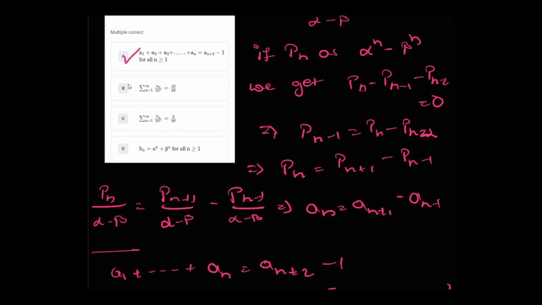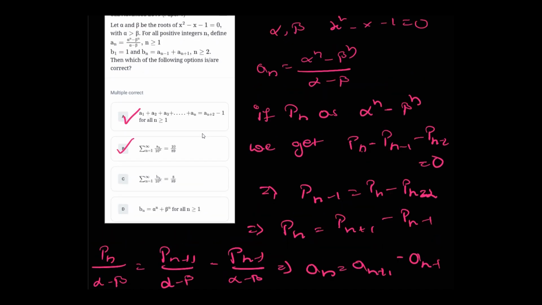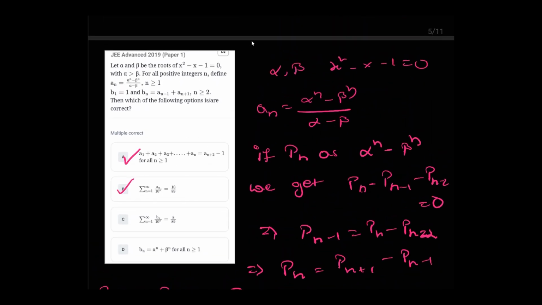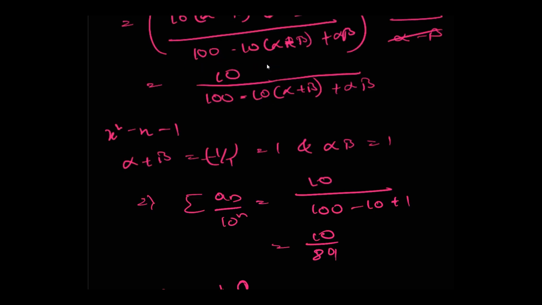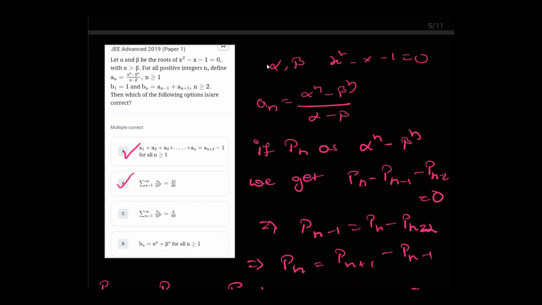So first option and second option are right. Now we will go into the third option. b_n equals a_{n−1} + a_{n+1}.